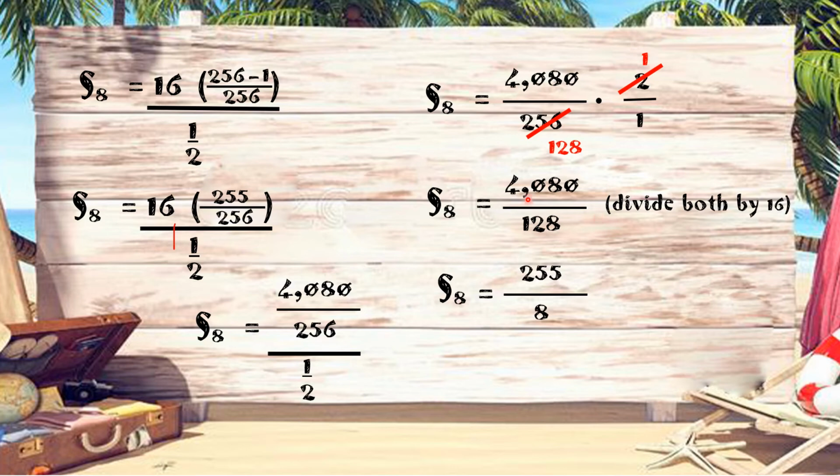Again, 4,080 divided by 16 is 255 all over 128 divided by 16 is 8. Yan. So, eto ngayon ang ating sum mula 16 hanggang 8 terms niya pag in-add natin. So, 255 over 8. Pwede rin naman siyang gawing decimal. Okay? Pero pwede na rin yung fraction. That's it.